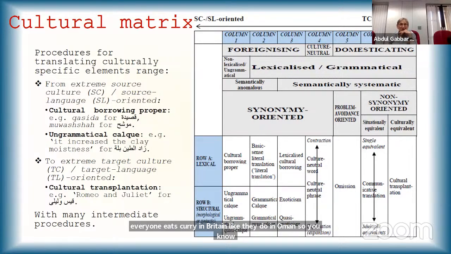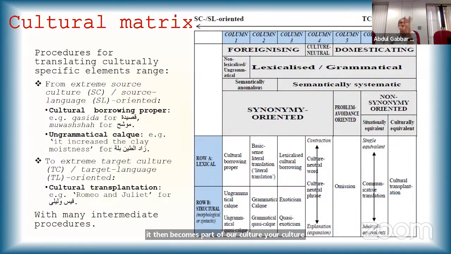And then equally, when you look at words of extreme source culture orientation, you've got things like "it increased the clay moistness." Well, that's not English. It's not an English idiom. It's not even English grammar.